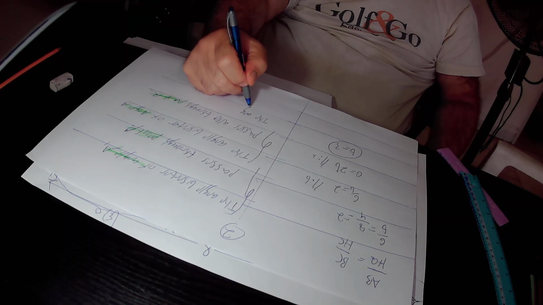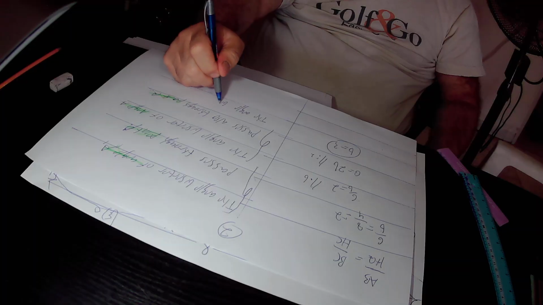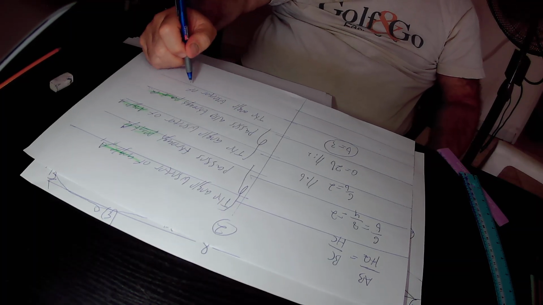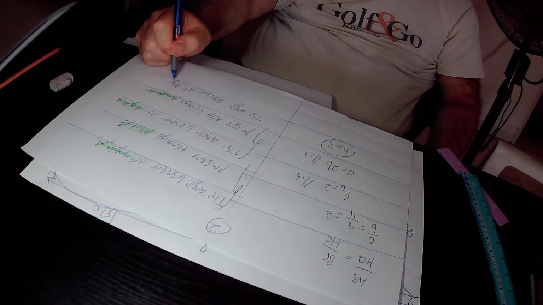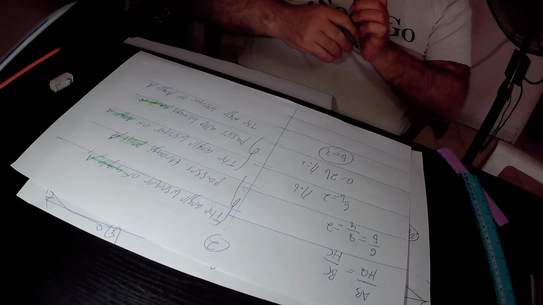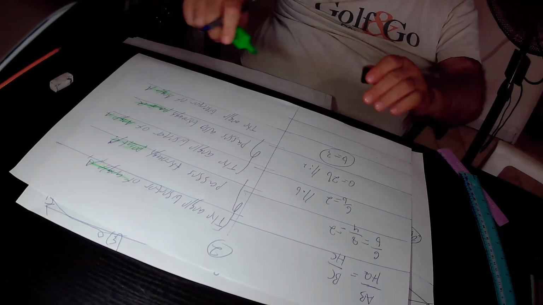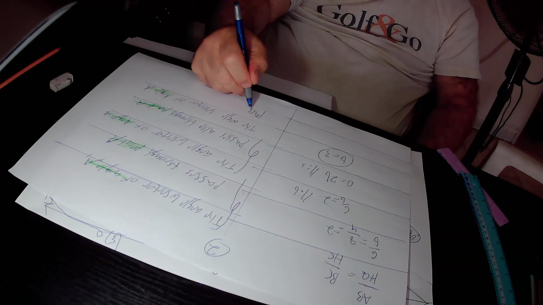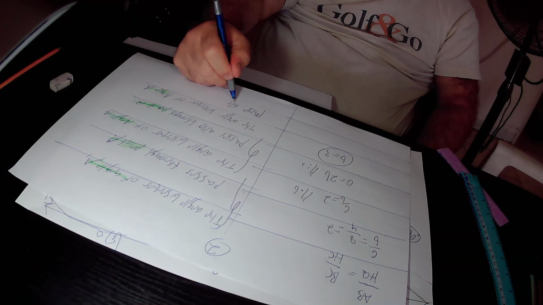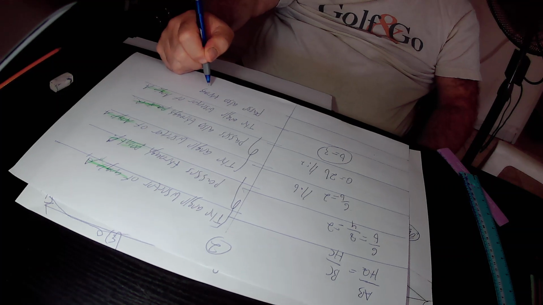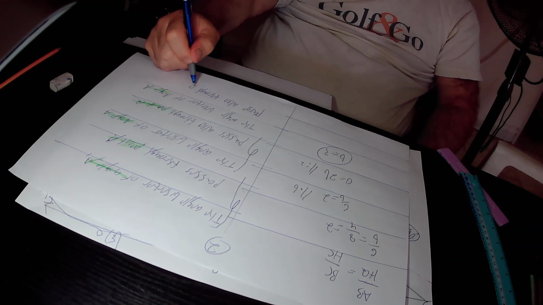The angle bisector of angle A passes also through point A.